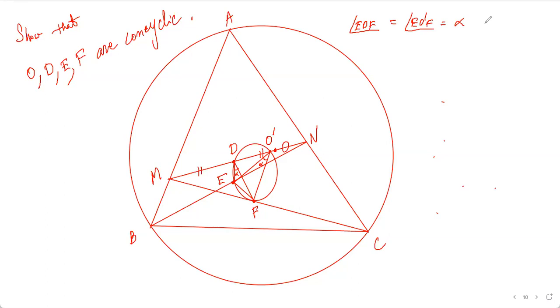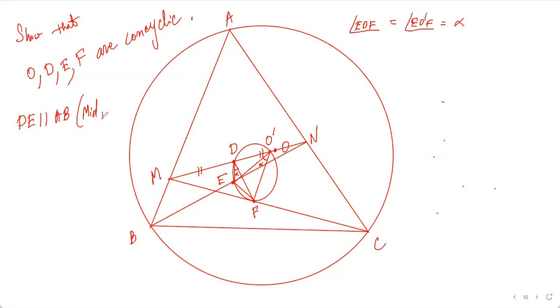Now I'll also be using the midpoint theorem because I have midpoints. So remember that D, E, F were the midpoints of the sides MN, BN and MC respectively. So from there, in triangle MNB, if I apply the midpoint theorem, DE is parallel to AB.